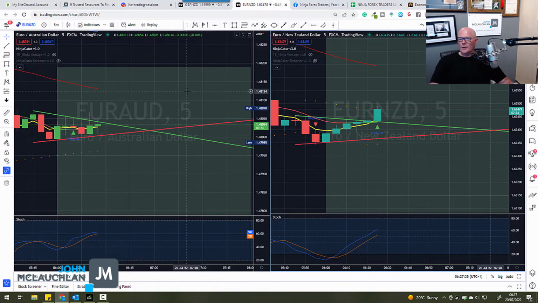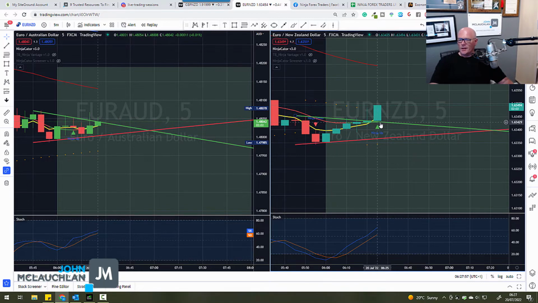So we've got the Ninja up on the Euro as well. But again, what's happening there is that the price is still touching the trend line, and what I like to see is the clear air, so between there and pushing up. Okay, clear air above the trend line.